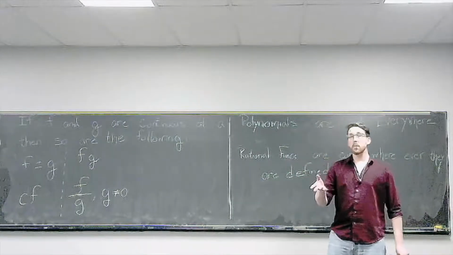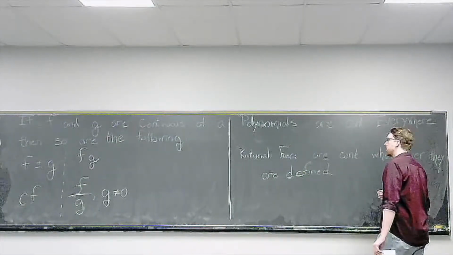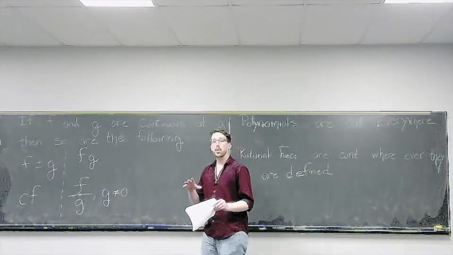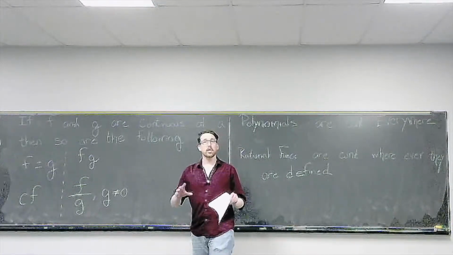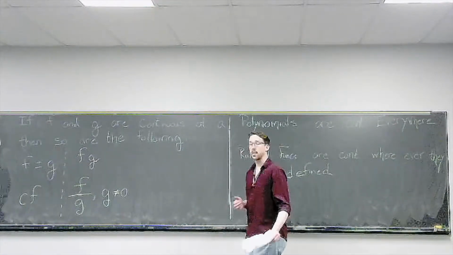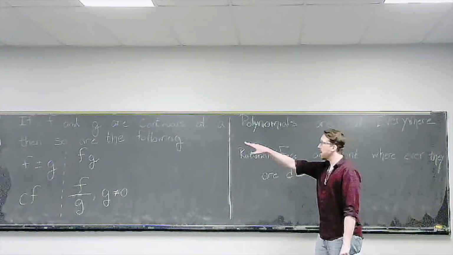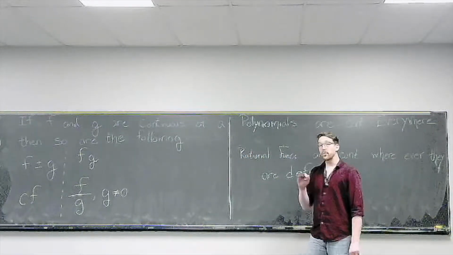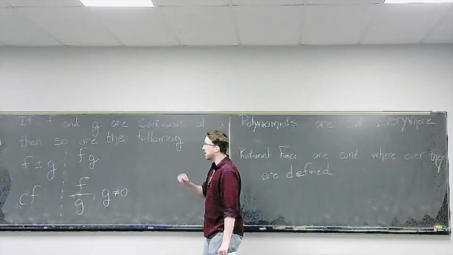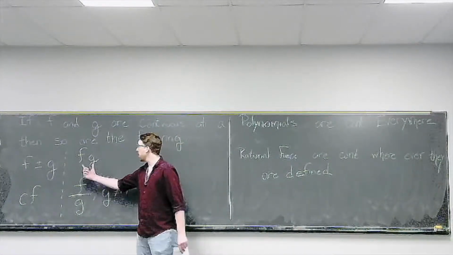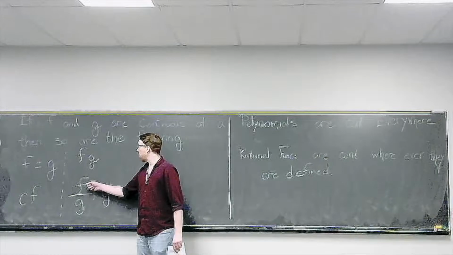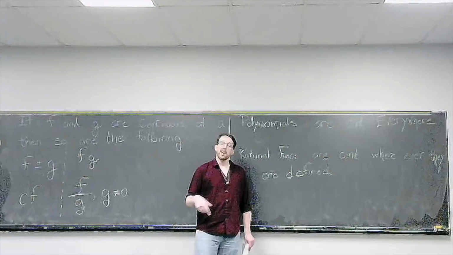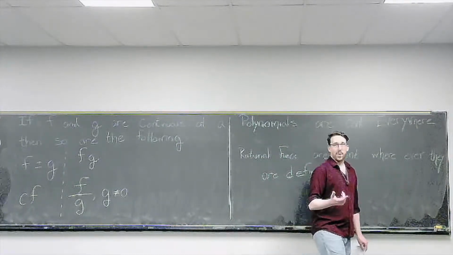Some other details that we should be aware of when talking about continuous functions are the way continuous functions relate to one another in terms of addition, multiplication, etc. So if f and g are continuous at a point a, then so are the sum and difference of f and g, the product of f and g, the quotient of f and g so long as g is not equal to 0, and so is a constant multiple of f.